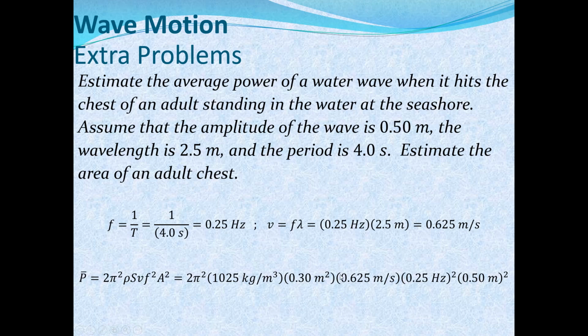The key thing here is this is the only thing that we weren't given, but you just have to eyeball it. A person's chest is about half a meter horizontally, and vertically it's a little bit less than a meter. So yeah, 0.3 seems to work. I'm sure you could have looked online to figure out the surface area of an adult's chest. But this would be what numbers you'd use. So you'd end up getting an average power of about 18 watts.